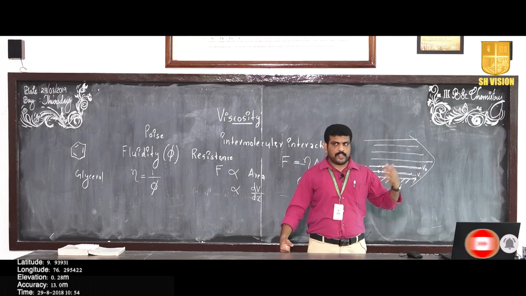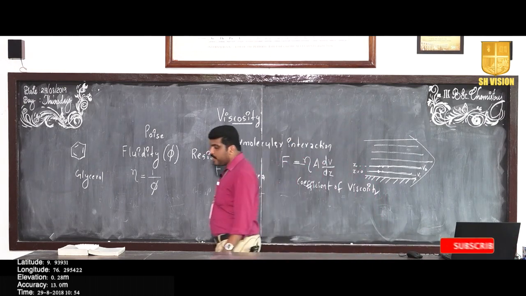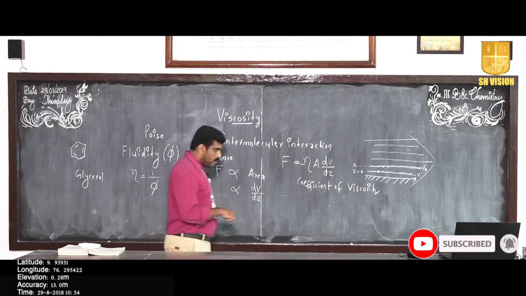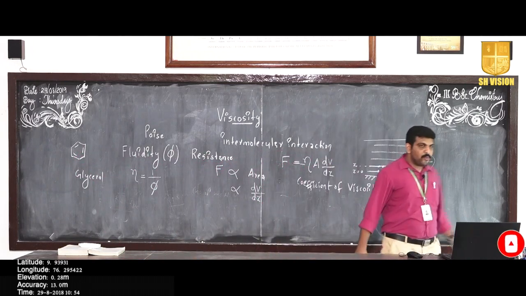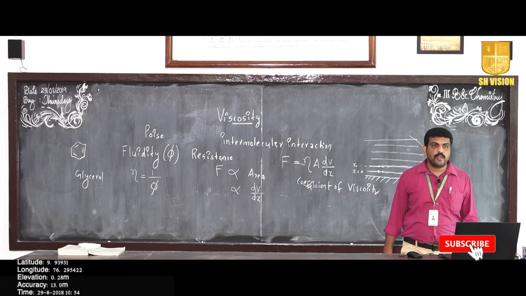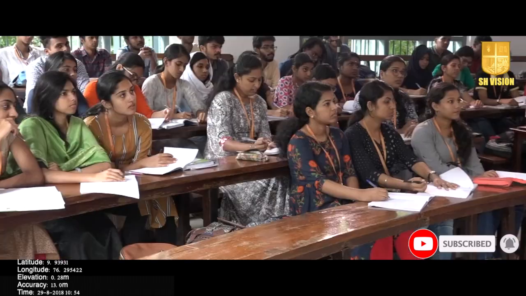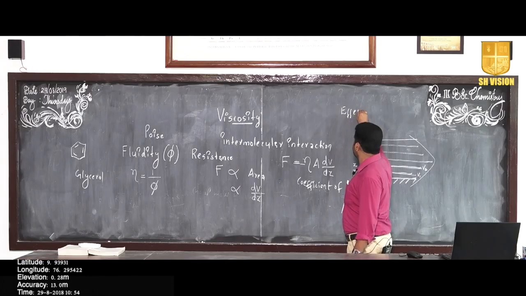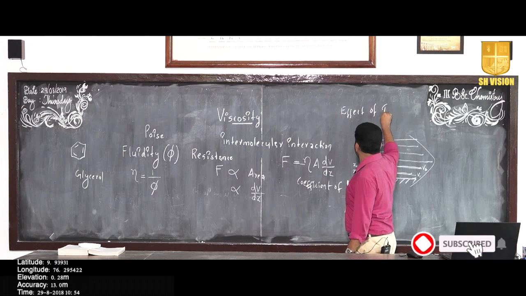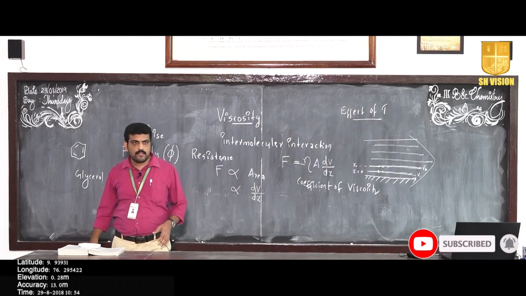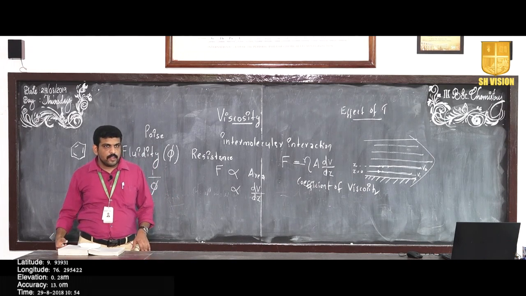The next aspect is the dependence of temperature, or how viscosity depends on temperature, the effect of temperature. As you know, when you increase the temperature, what do you normally expect?